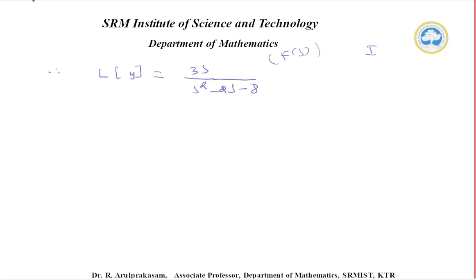So what is the next step? My motive is to get the solution. The solution is nothing but y of t, which will come in the form of a function of t. So the next step is to take the inverse Laplace transform on both sides.